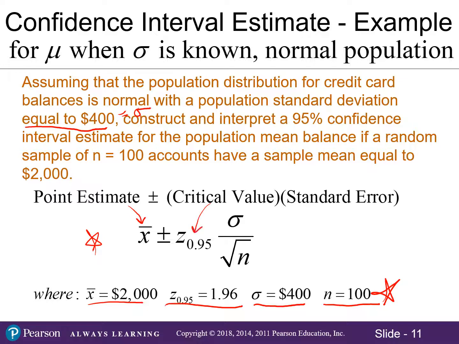Here's my critical value, because it's the Z-score that goes with going 95% around that value. So it gives me how far spread I am. And then right here is my standard error. Here's the size of my spread. So think of this as where I start, and then these two create how far I move in either direction to gather 95% of all values around my point estimate.